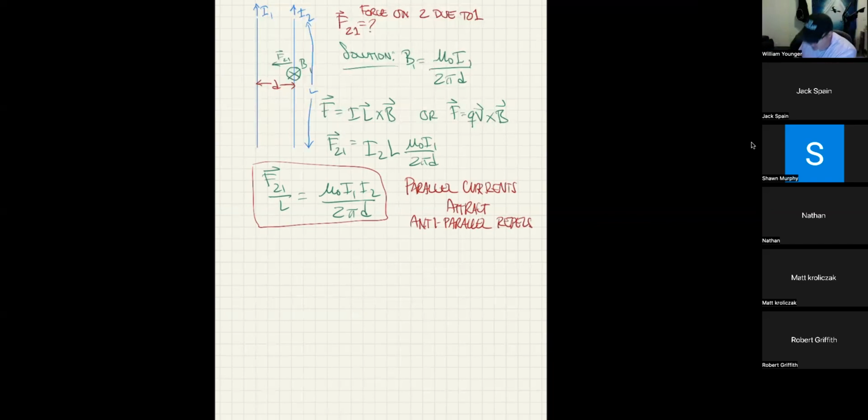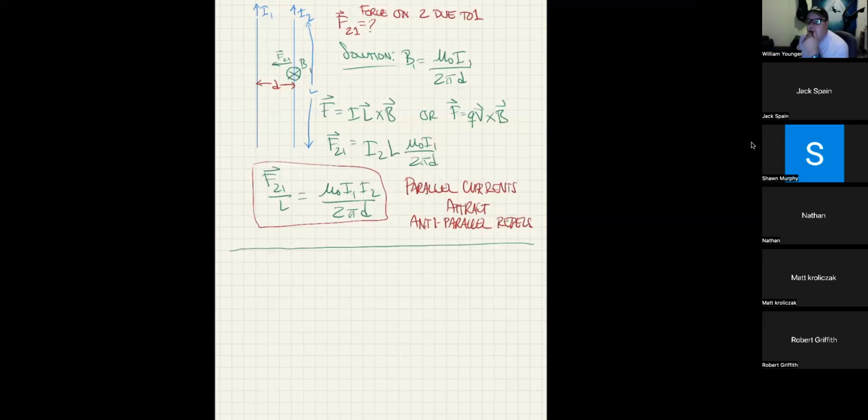Okay. So now we've got 10 minutes. And what I'd like to do is introduce you to Ampere's law. So Ampere's law is not technically correct yet, but it's not going to harm us anywhere right now when I write this. But Maxwell is going to correct it, and we'll use that corrected version later on.